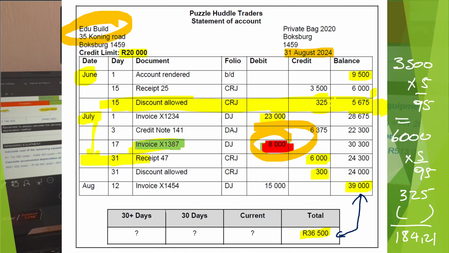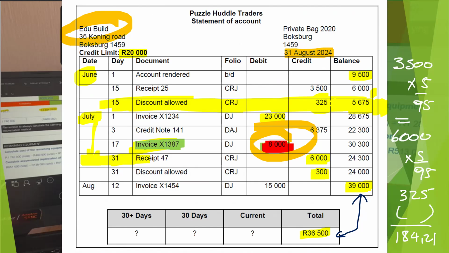36,500. So when you find the difference between these two, and if you were to recalculate this, you will realize how much you will get. The difference means that the balance was overstated.